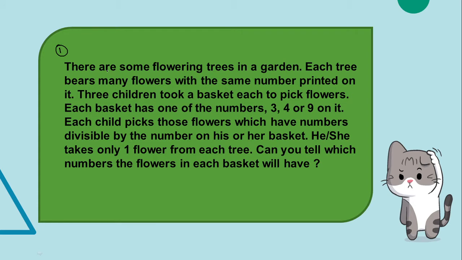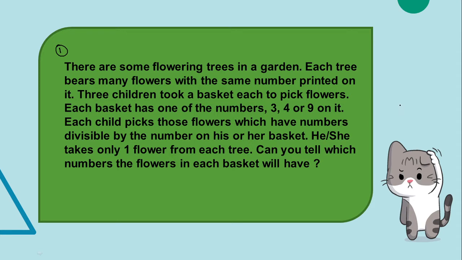Now let's see it. There are some flowering trees in a garden. Each tree bears many flowers with the same number printed on it. Now, what did we get from this, children? That there is a garden in which there are certain flowering trees, and on each tree there are certain flowers which have the same number.